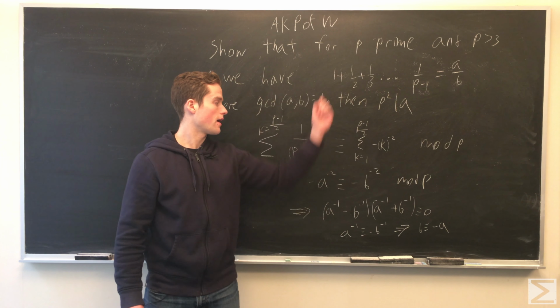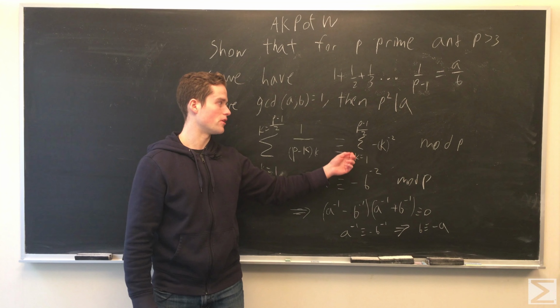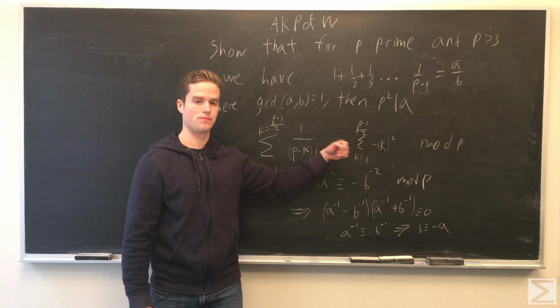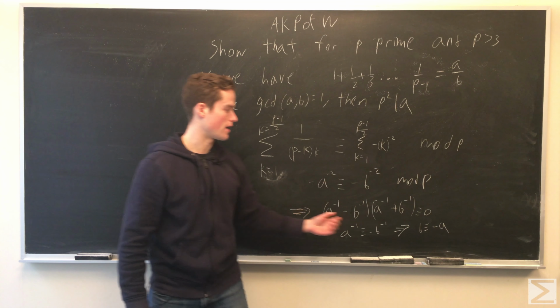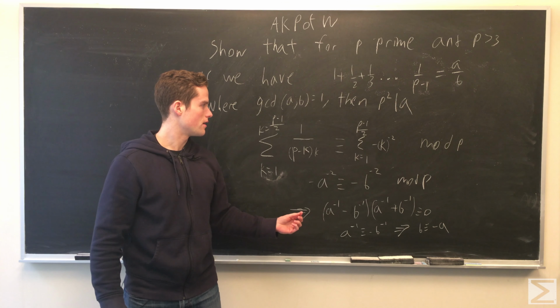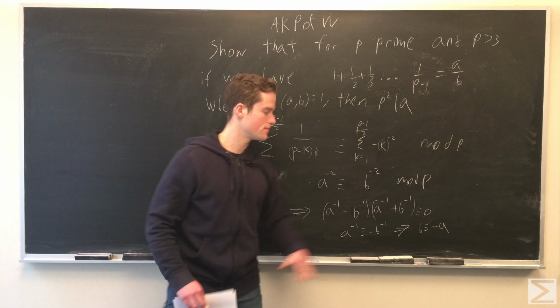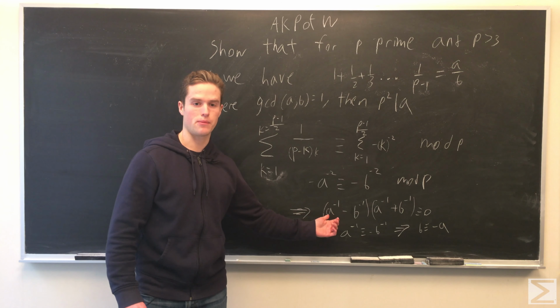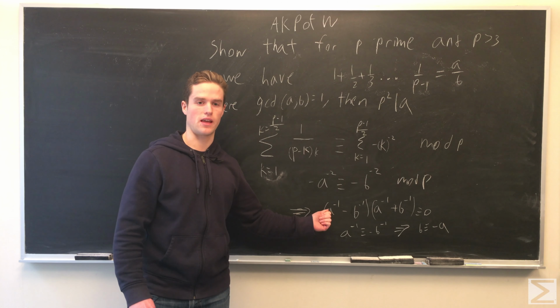But note, take any a from 1 to p minus 1 over 2, minus a falls between p minus 1 over 2 and p, so that we cannot have this. So in this case, we have a to the minus 1 is congruent to b to the minus 1, in which case, multiplying by ab again, you get a is congruent to b.